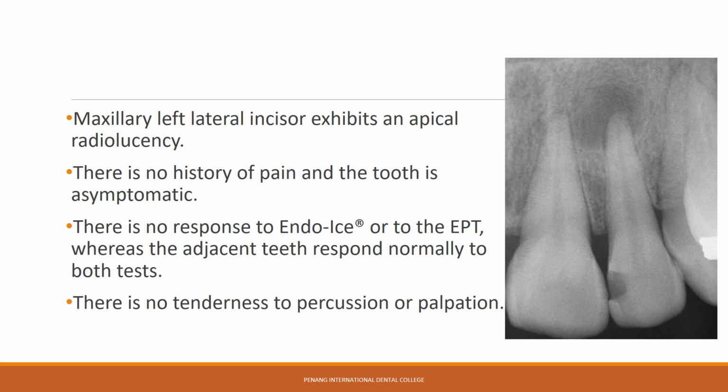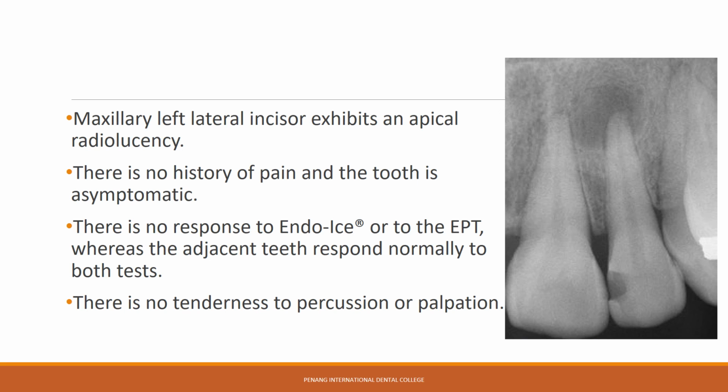There is no history of pain and the tooth is asymptomatic. There is no response to the endo ice. If you look at these statements, we can come to a conclusion that there is no response to the electric pulp test as well as no pain in the tooth. So the pulpal condition might be mostly pulp necrosis.